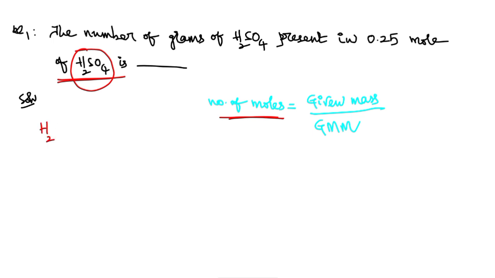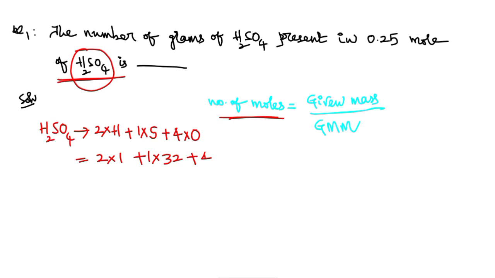So what are the atoms present here? 2 atoms of hydrogen, 1 atom of sulfur and 4 atoms of oxygen is equal to 2 into hydrogen is 1 and sulfur is 32 plus oxygen is 16.